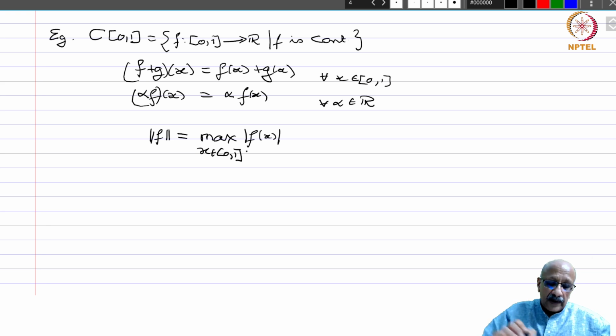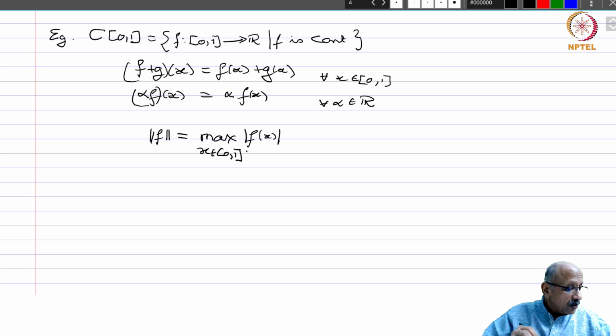Now this is a very simple exercise for you to check that this defines a norm, and therefore I will leave it to you to do it. The triangle inequality is also very trivial, just as we did it in the L infinity case. Here also we have this.